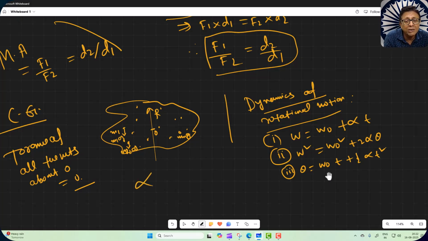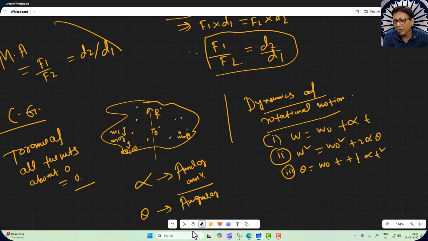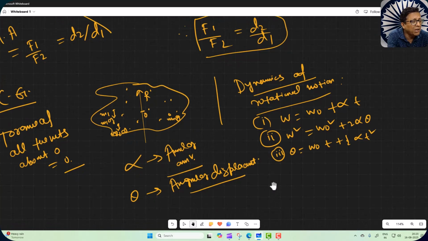Alpha stands for what? Angular acceleration. And theta is what? Because in rotational motion, this is called angular displacement. Okay, so all these equations are similar to those before.